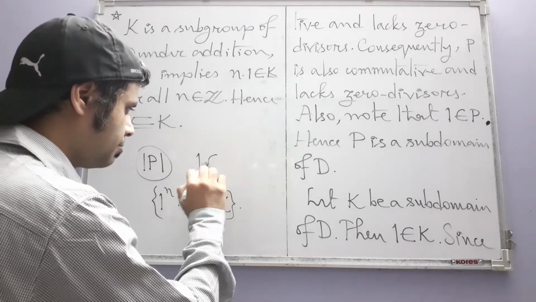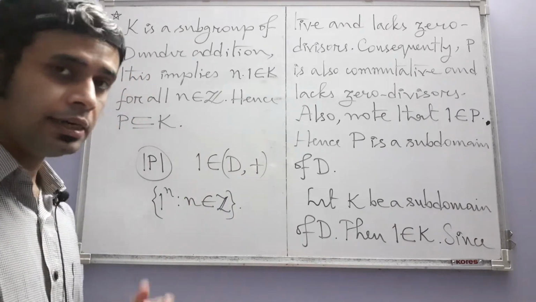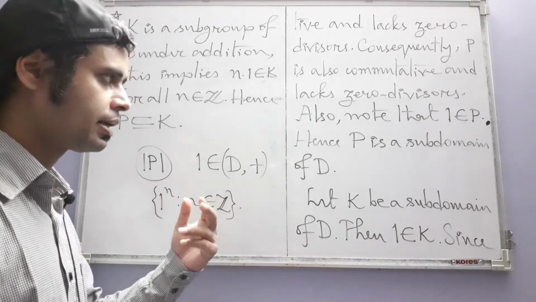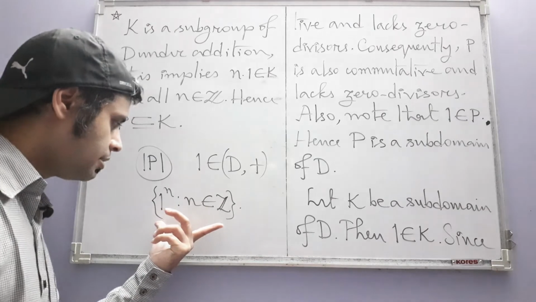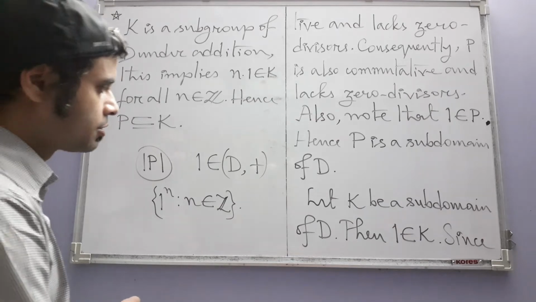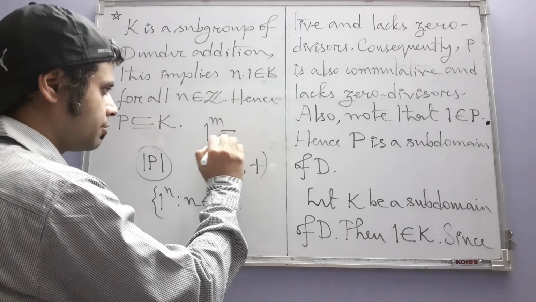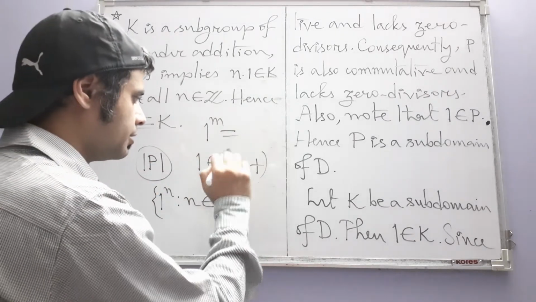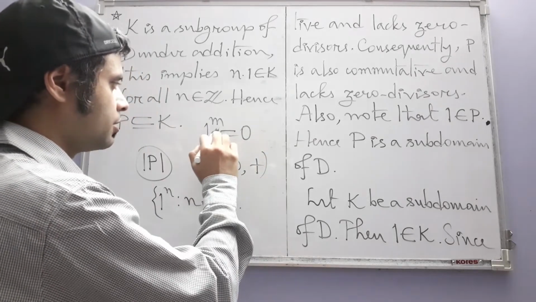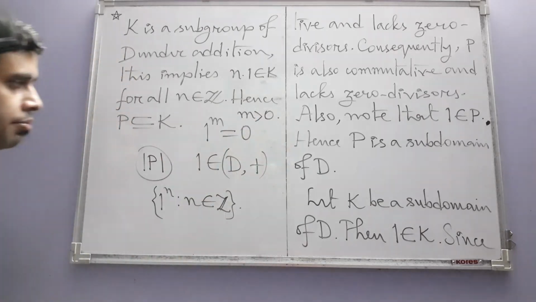if 1 as an element in this additive group has infinite order, that is, as a group element, the element 1 has infinite order, then this P cannot be finite. Why? Because since 1 has infinite order, this equation 1 to the power m equal to the identity in this group, that means 0, is never true for a positive integer m.